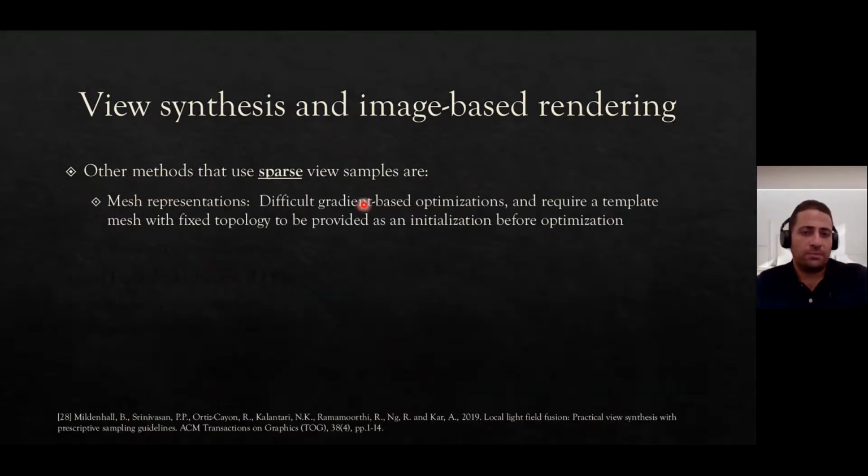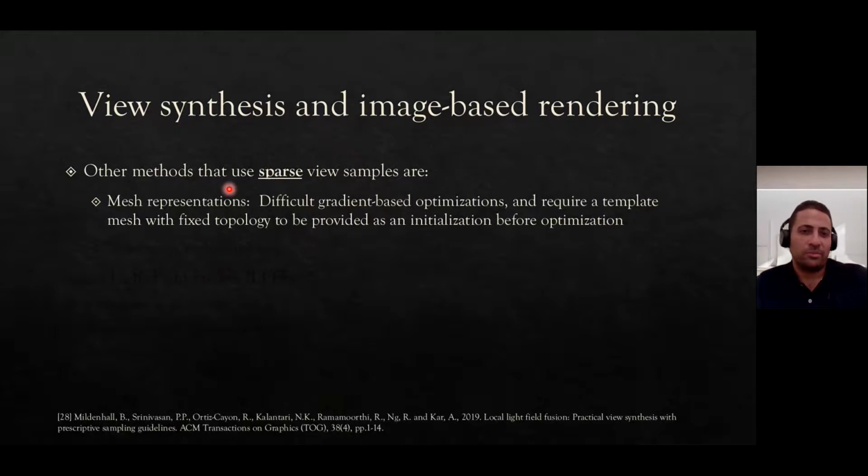There were other methods that use sparse view samples, which sparse means not dense. It's not too many inputs. I will not discuss them in detail since they are not really related to NeRF or the results and the comparisons that will happen later.